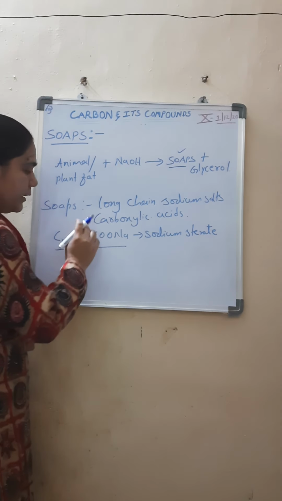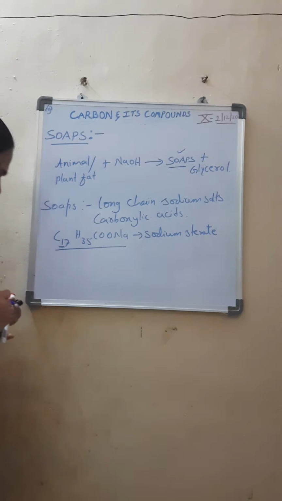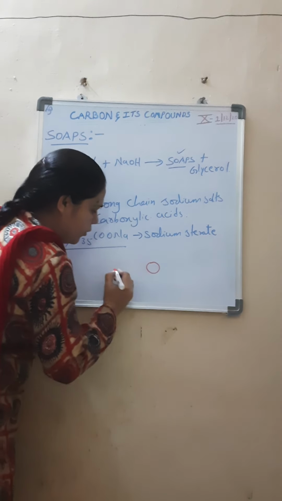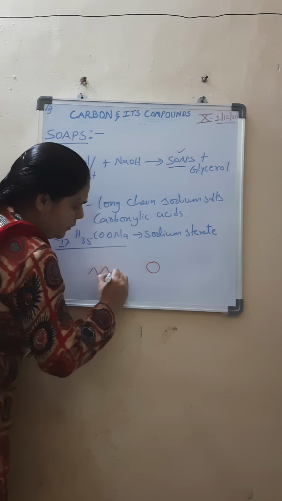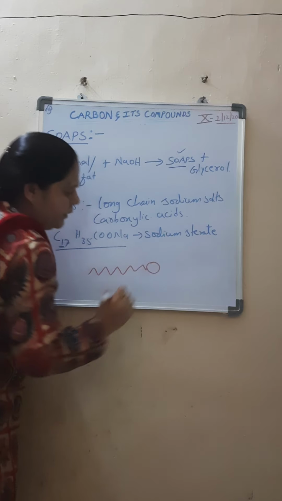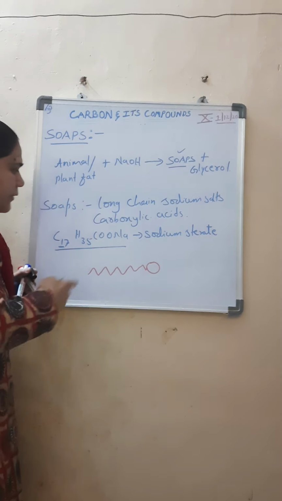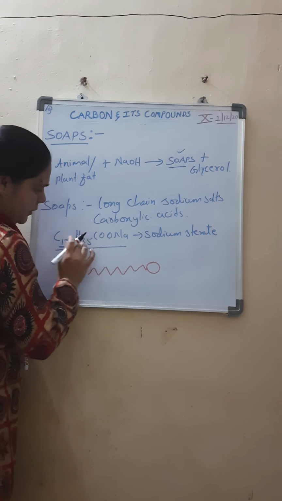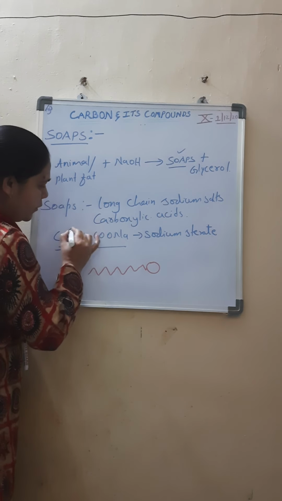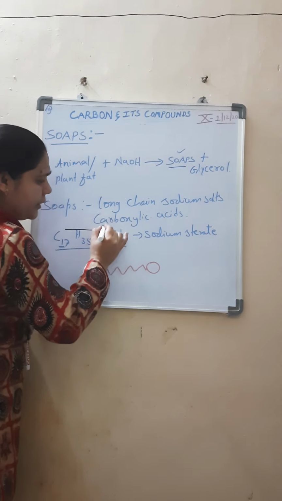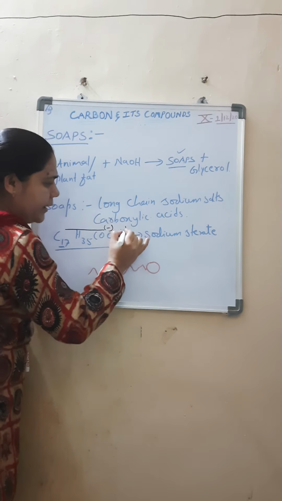Now let us see the structure. How does the structure of a soap appear? Any soap molecule will always have two parts. Now what are those two parts? If you observe this formula, children, it has two components: a negative ion, an anion, and a cation.